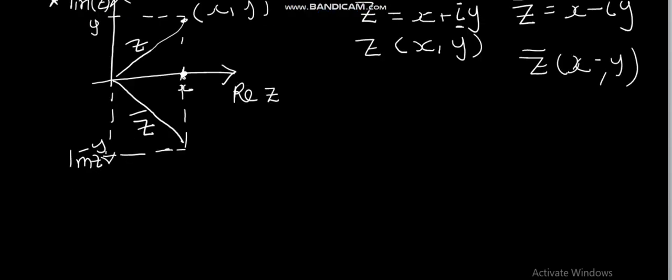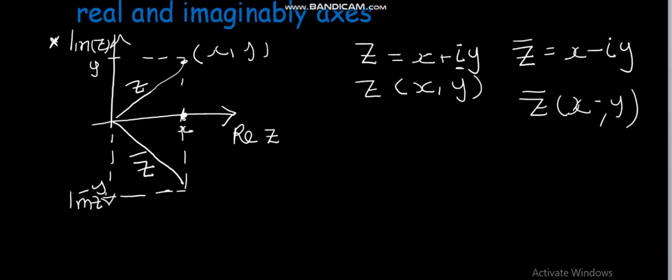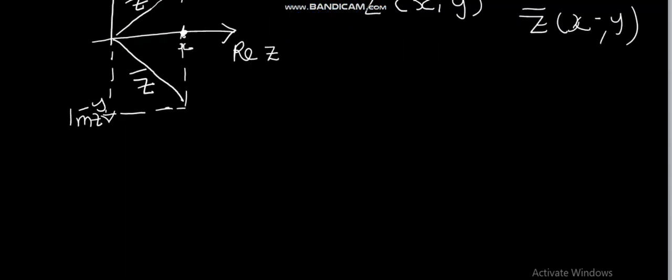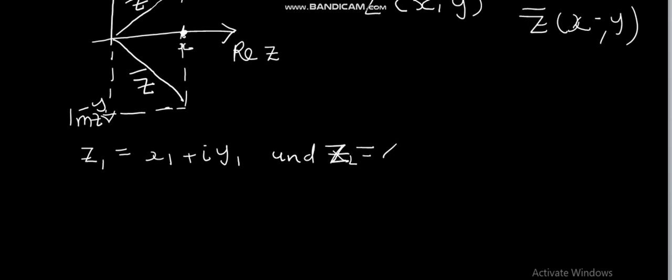Now let us plot. We need to know if we add complex numbers, how can it be represented on the Argand diagram? Say we have Z1 equal to X1 plus iY1, and Z2 equal to X2 plus iY2.